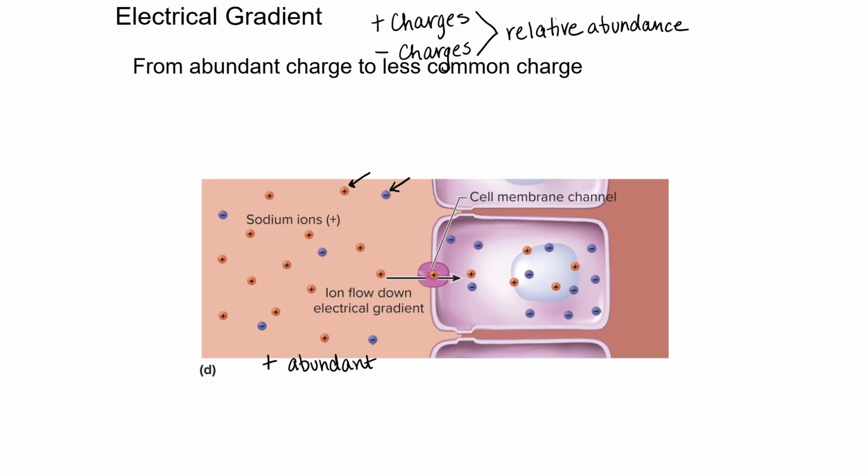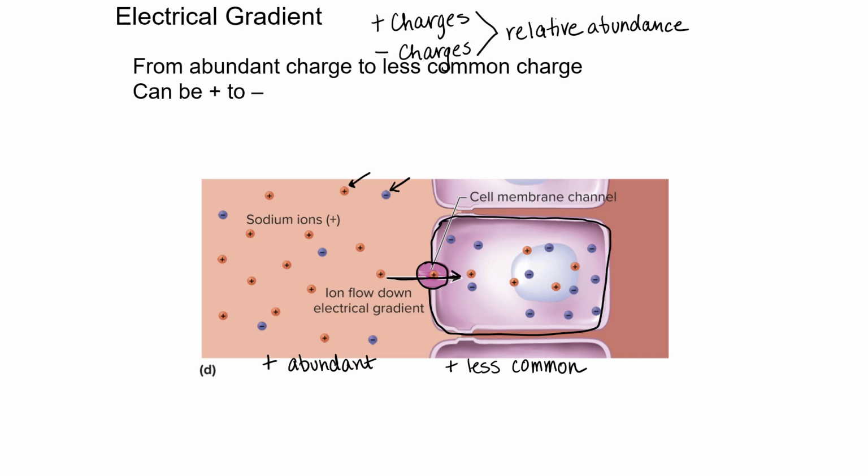Over here inside this cell, this big square here is a cell, we can see that the positives are less common in relationship to the negatives. And so if given the chance, these positive molecules, they'll move right through this little protein right here. It's like a window in a house.